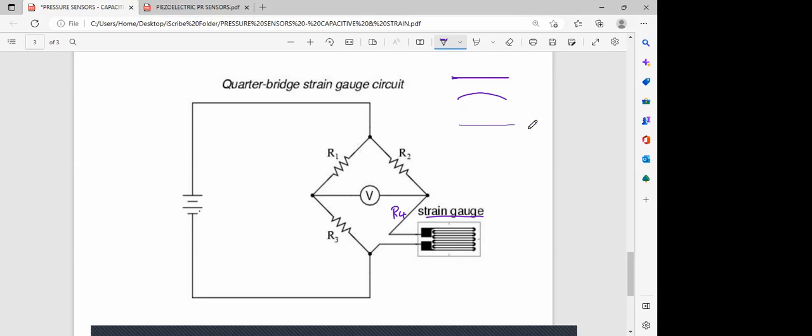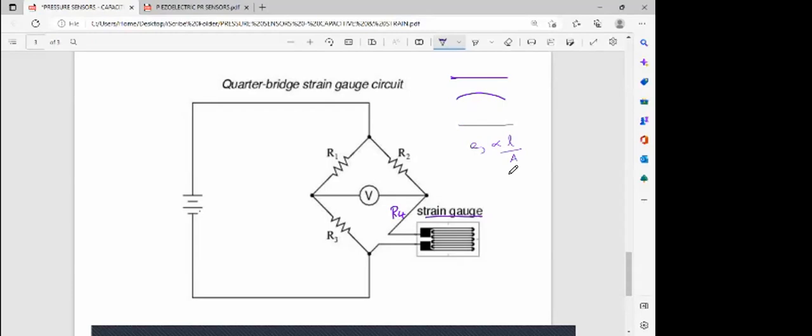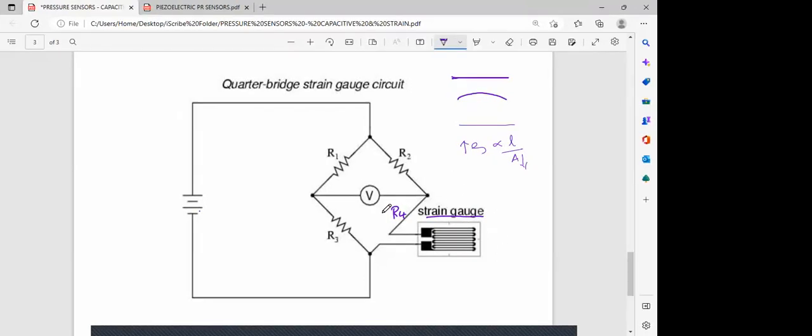When the cross-sectional area is going to become less, what did we say? Rho is directly proportional to L over A. So if cross-sectional area is decreased, your resistivity is going to increase. In other words, R4 value is going to increase.